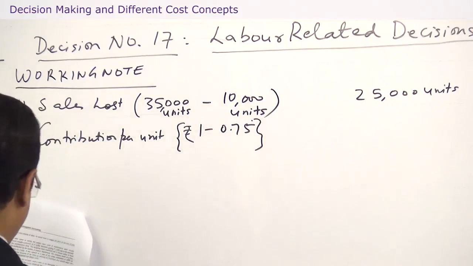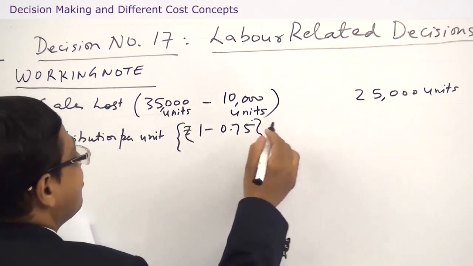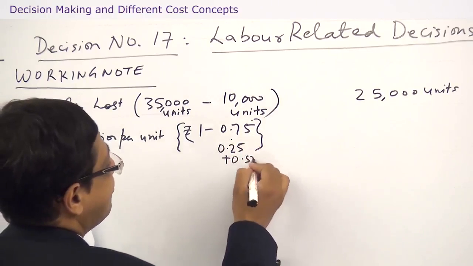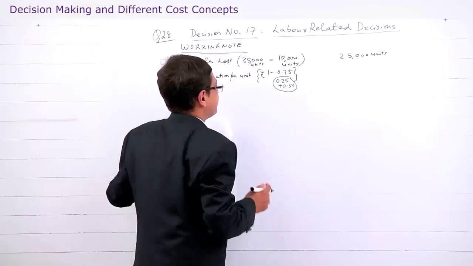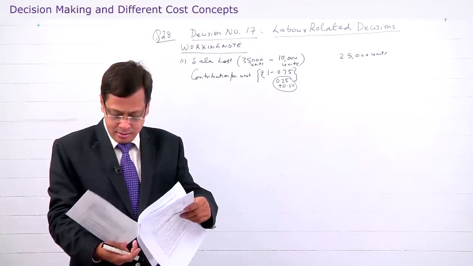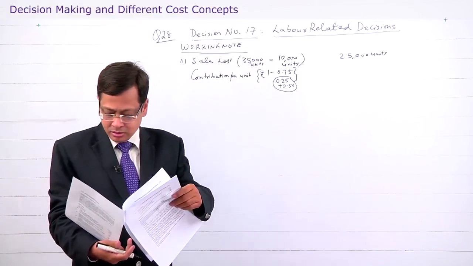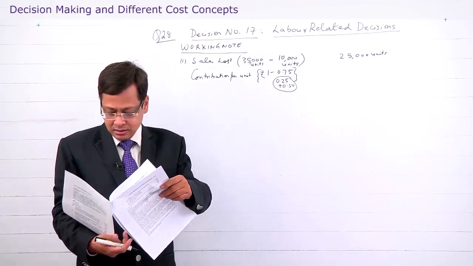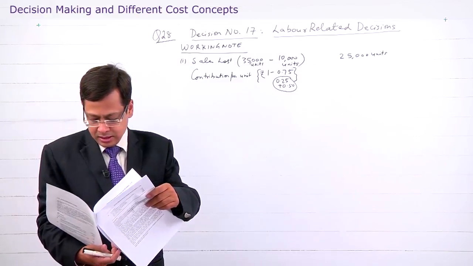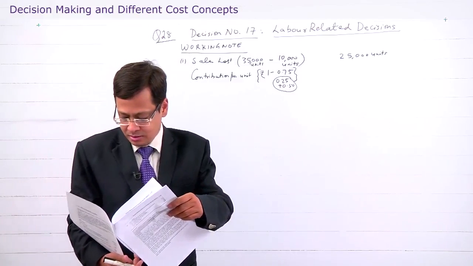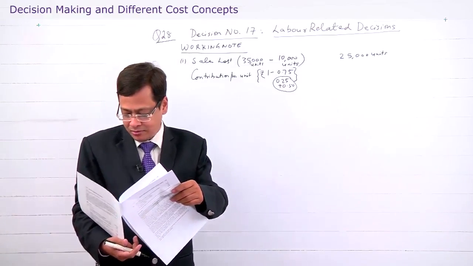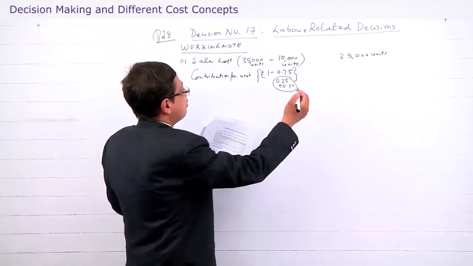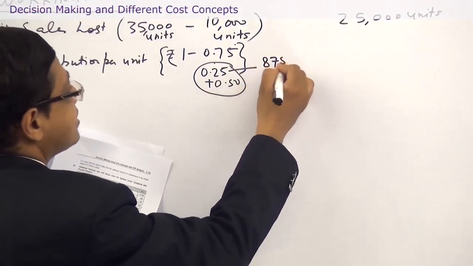So how have we obtained this 0.75? In fact, it is 0.25 in the shape of material and 0.5 in the shape of labor. This can be obtained by dividing rupees 8,750 by 35,000 units as given in the statement of the question, and the wages saved can be obtained by dividing rupees 17,500 by 35,000 units, right?